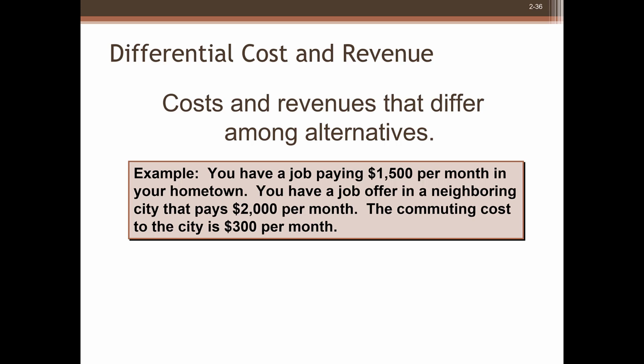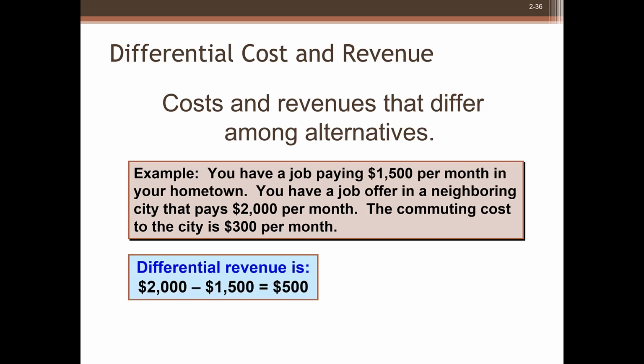For example, if you have a job paying $1,500 per month in your hometown, and you have a job offer in a neighborhood city which pays $2,000 per month, but the commuting cost to the city is $300 per month, we can calculate the differential revenue and differential cost.